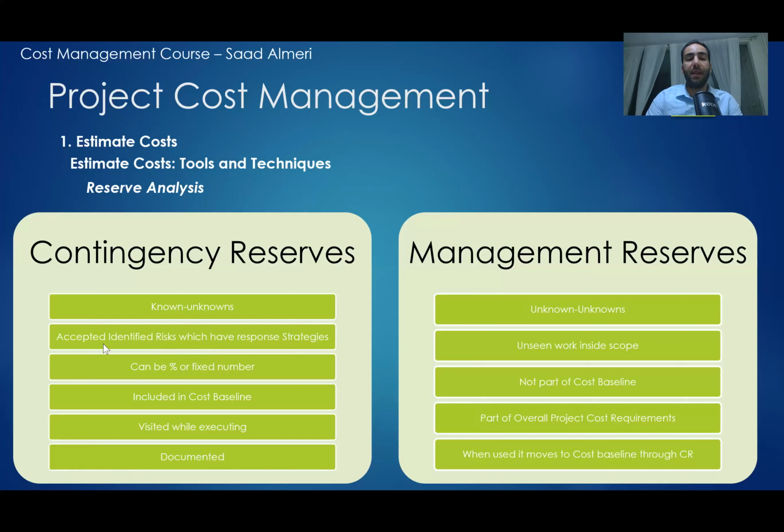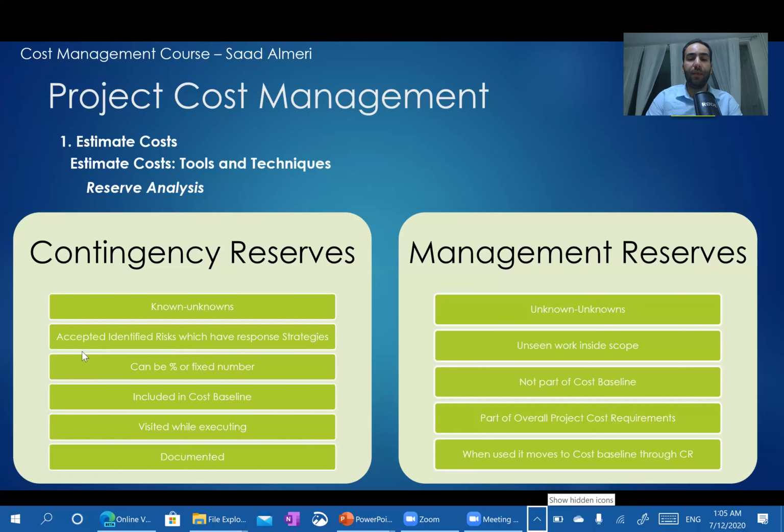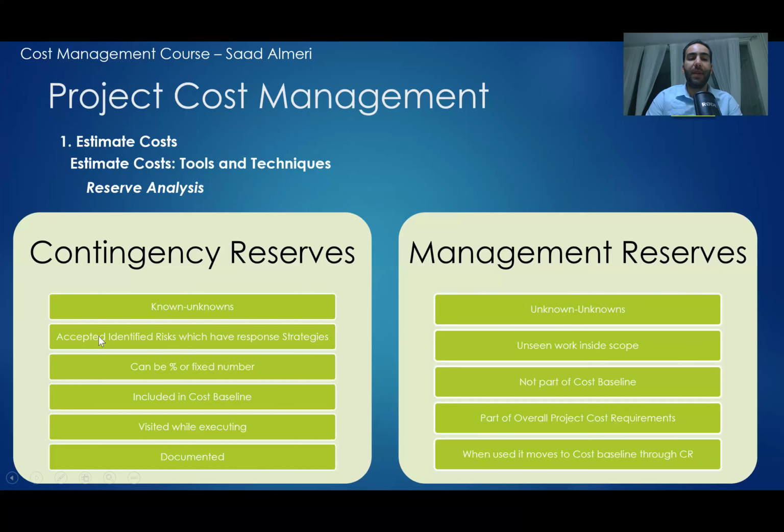In this one, we identify the risk and we accept that it is going to happen anyway. We cannot do anything. We cannot postpone the project till spring or summer, for example. Then we accept that we are going to do the project, and since we accept it, we need to put some amount of money as a response strategy. And this amount of money is called the reserve.